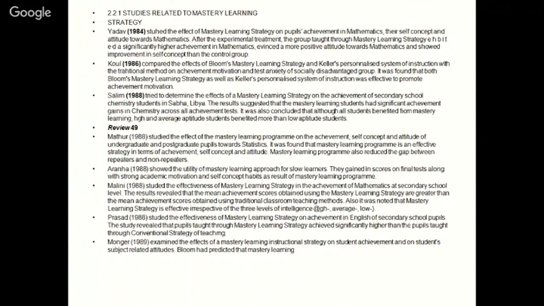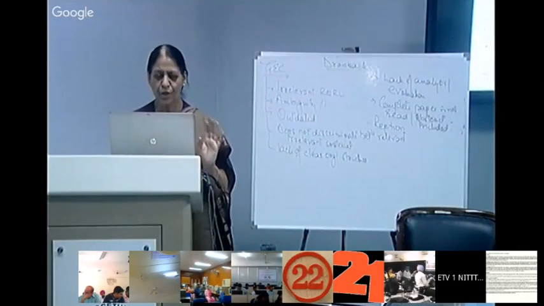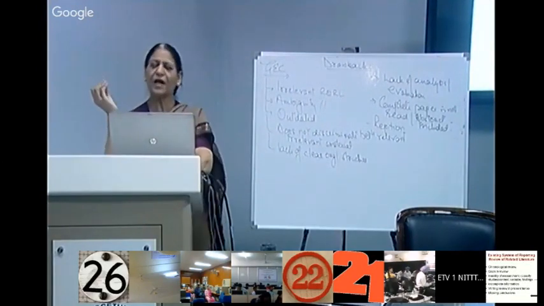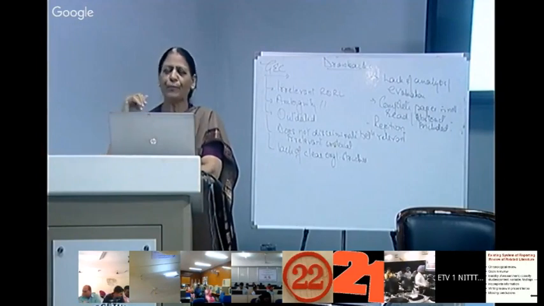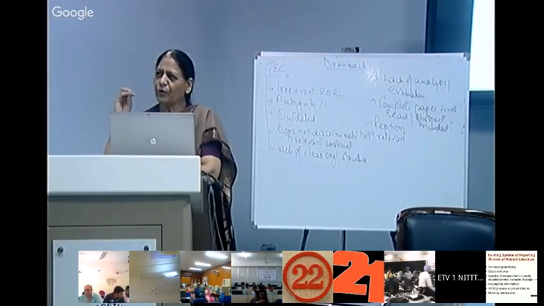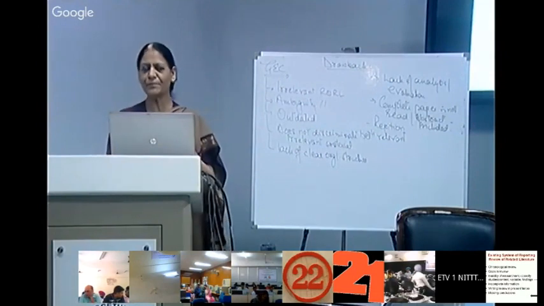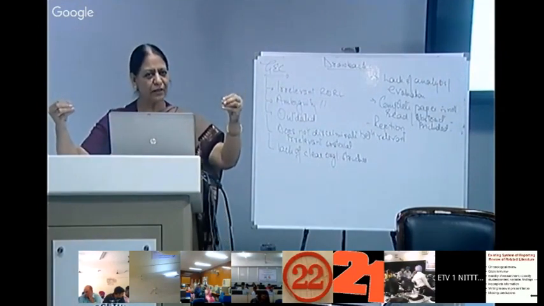And the person has not collated the information that these two found a significant effect on achievement, or whether there was a significant change in the attitude of the students towards mathematics who were taught through mastery learning approaches. So the first thing we come across is that the information included under different studies differs from each other. And once you include different information, sometimes it is complete, sometimes it is incomplete.